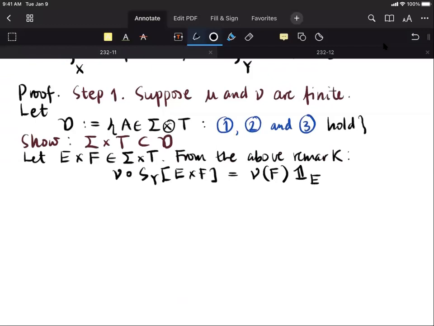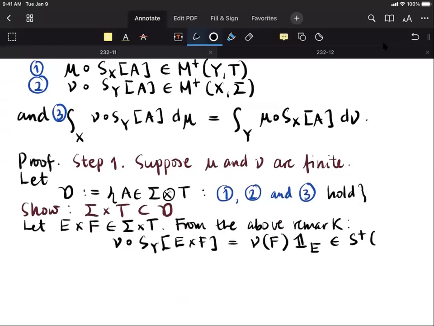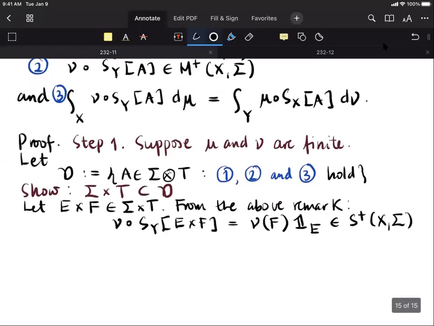And this is clearly, we note, a step function in x, a non-negative step function, and we know that non-negative simple functions are measurable.